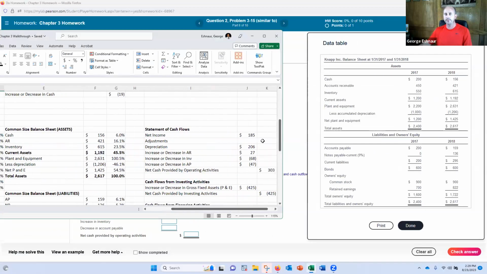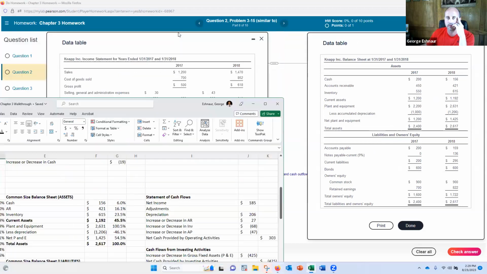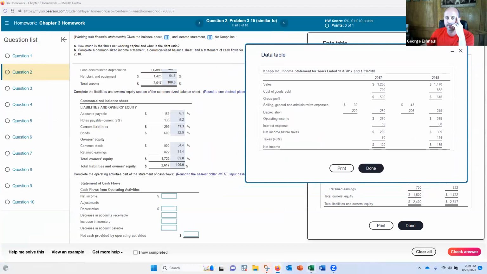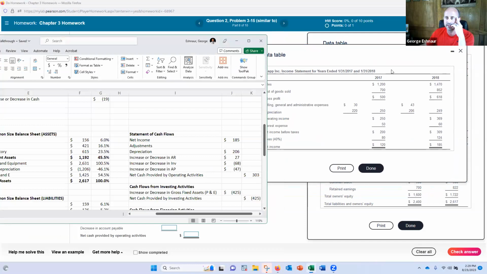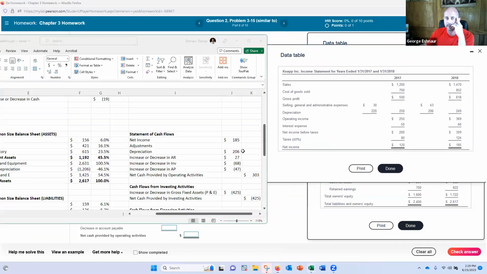We have to figure out if we had an increase or decrease in certain pieces. So I got the net income from our income statement, right? And I also need to get the depreciation from there, okay? So we had 206 in depreciation. Those are from the income statement, and these pieces are part of the balance sheet, okay?